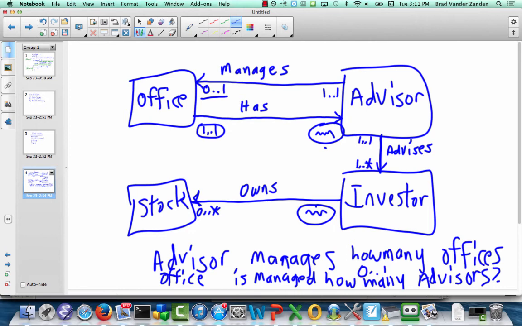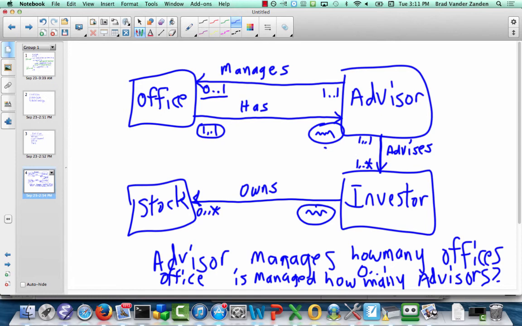E doesn't say that the advisor can't have more than one office. It kind of implies it, though, when it says an office, not offices. So G is a bit of repetition, but it certainly makes it concrete. You certainly know now it's just one.